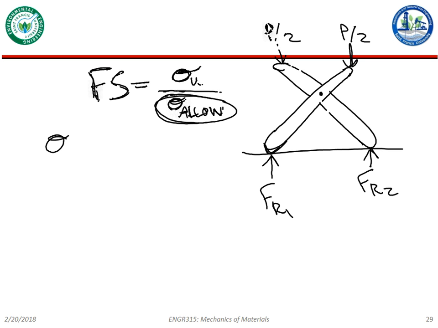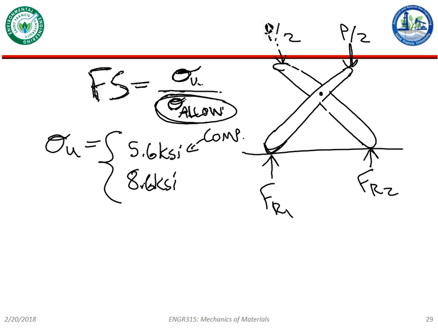And for spruce, let's see, 5.6 KSI and 8 KSI. Compression.